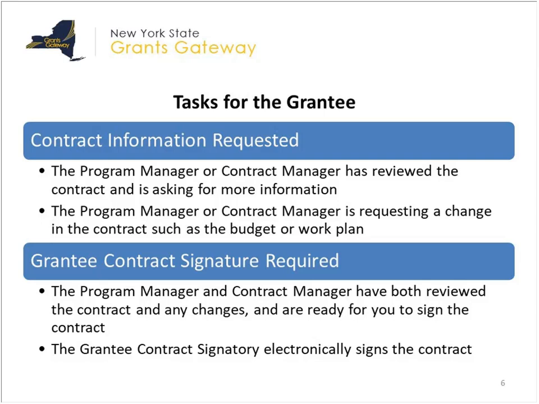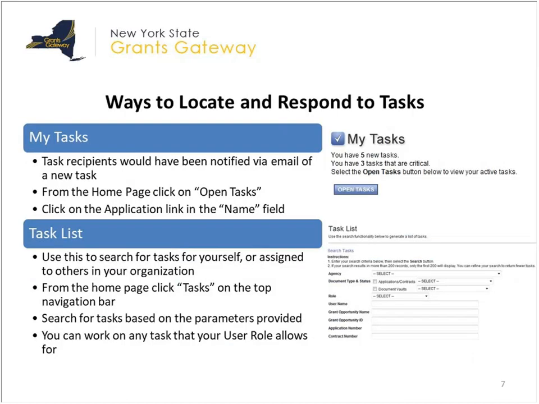So this is where we are right now, contract info requested, and it's time for you to fill in the details of your contract. And again, it's going to go through approvals and then finally be sent to you to get signed, and that's the grantee contract signature required. At that point, everything's locked in, nobody can make any changes anymore, and you would electronically sign the contract. And you'll see me do that in the system here as we get through.